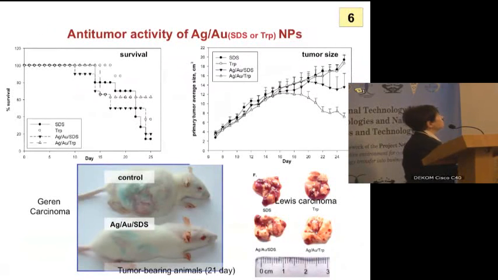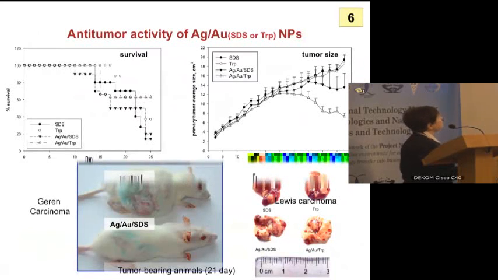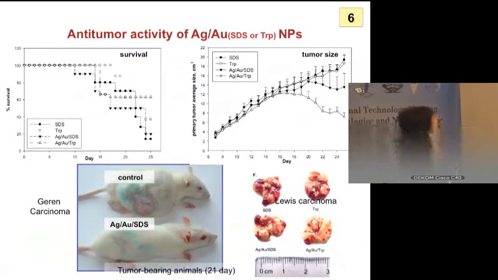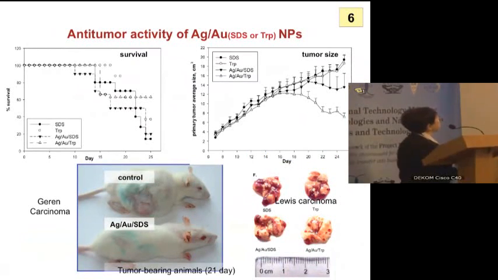They have activity also, but bimetallic nanoparticles in the form of alloy are more active. This diagram shows survival of experimental animals and tumor size when we used this system.